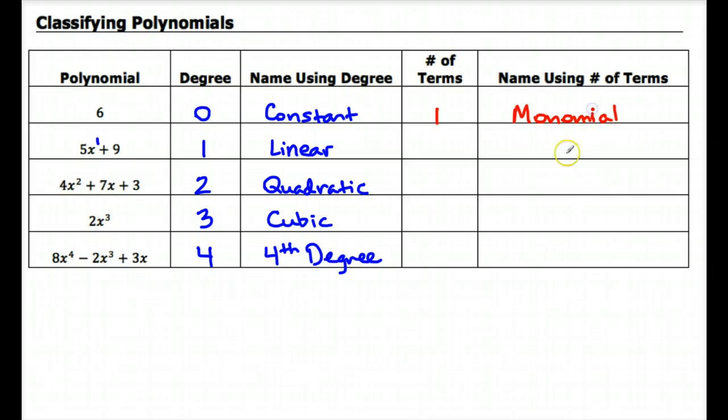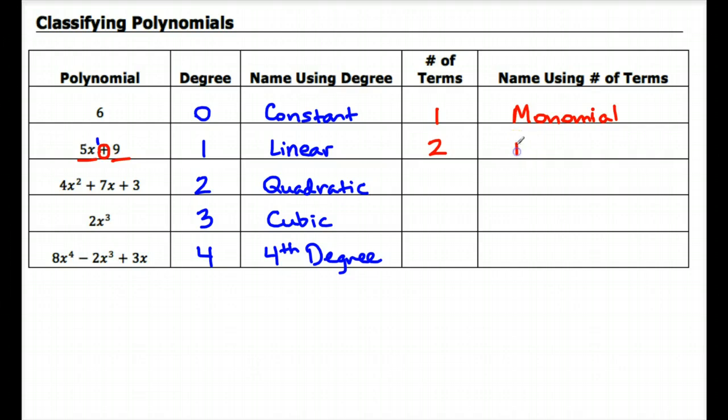Again, a monomial can be just a number, a variable, or the product of numbers and variables. So if you don't see any addition or subtraction signs, you know you have one term, and it's called a monomial. 5x plus 9, well, I see this plus sign right here, and that plus sign separates my two terms in this one. My first term is 5x, my second term is 9, so this is a two-term polynomial. We have a special name for two-term polynomials.